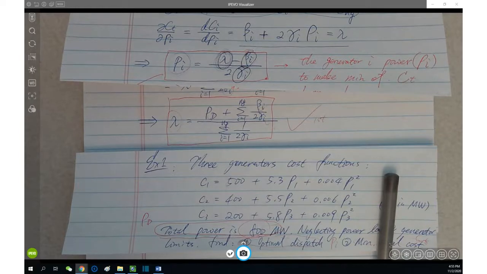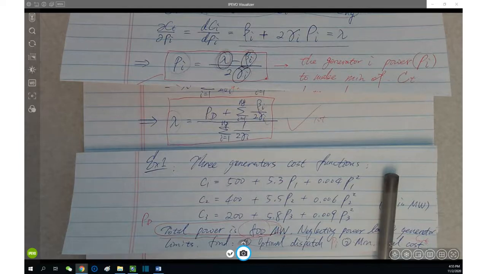And from there you can find what PIs, right? We have 3 P's to be found. Okay, remember that. And in this problem, another thing you need to be very careful, listen up, is the unit.